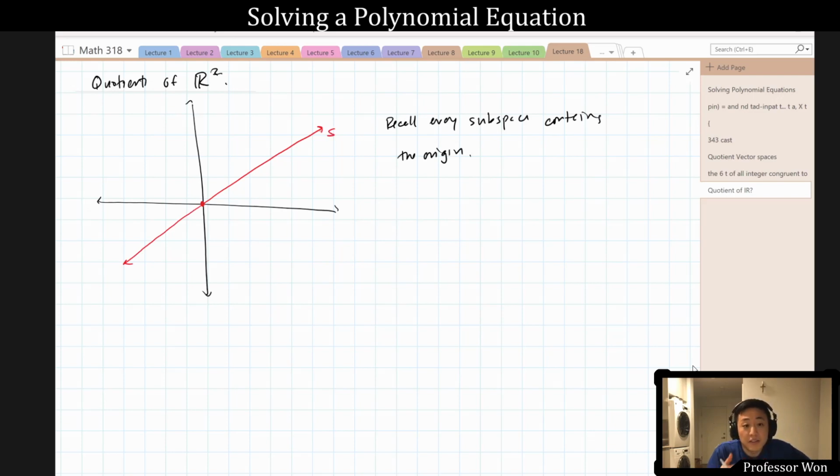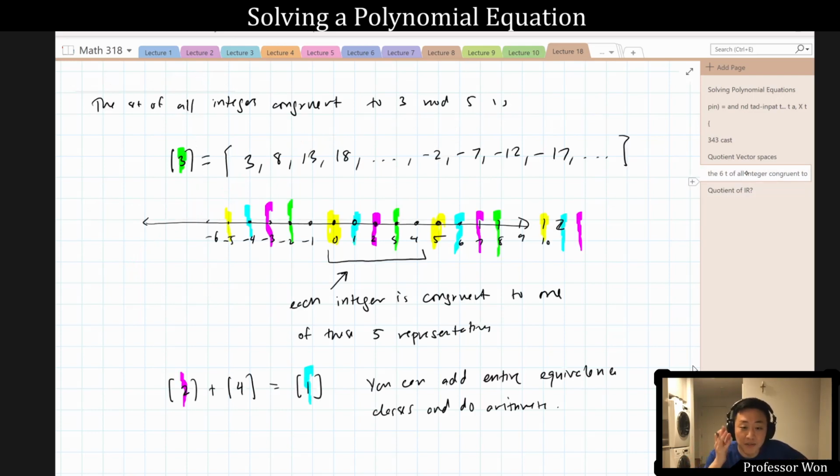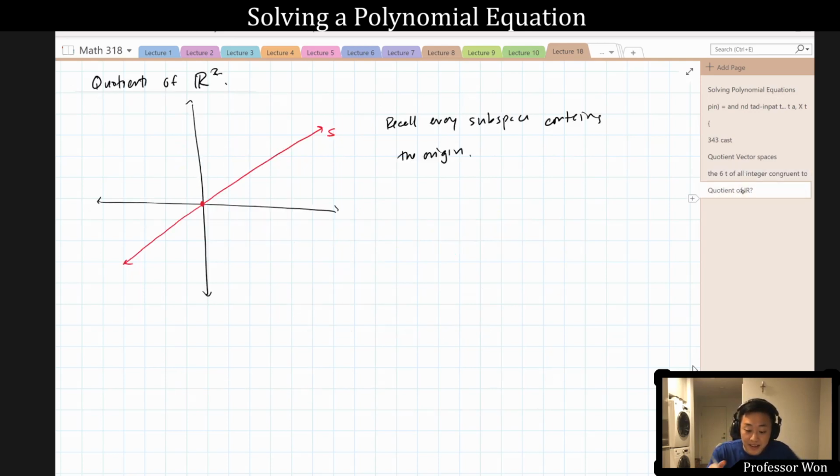Now, there's no way to break up R2 into a bunch of subspaces that will cover R2 in the same way that we broke up the integers into a bunch of subsets that covered the integers, because every subspace contains the origin. They'll all intersect in something, which isn't what was happening with the integers modulo 5.